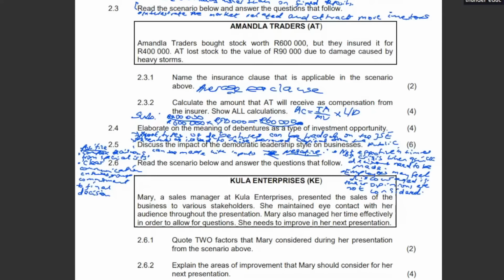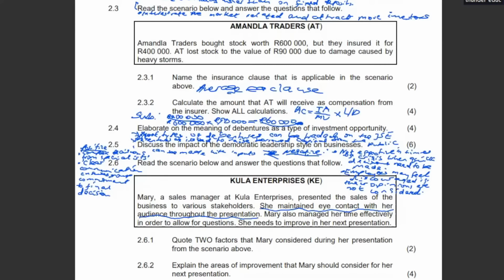This is question 2.6.1. Now remember, grade 12s, when the question says quote, the expectation is just to go straight to the scenario and pick up the sentence exactly the way it is. You don't add anything, and you don't subtract anything. So if we check here, the second sentence: she maintained eye contact with her audience throughout the presentation.